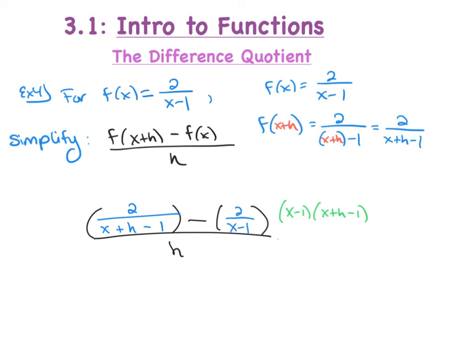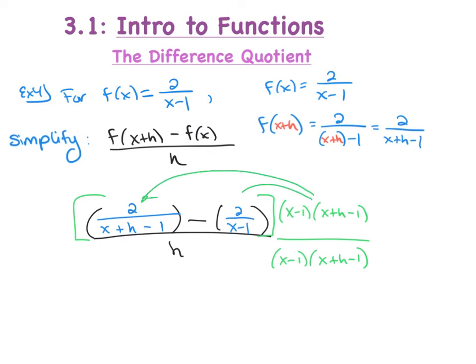But whatever you multiply to the top, you also have to multiply to the denominator. So also x minus 1 and x plus h minus 1 multiplied to the denominator. Okay, I need to put some brackets around my numerator because of this subtraction sign. I want to make sure that I multiply both this first fraction and this second fraction by the common denominator.